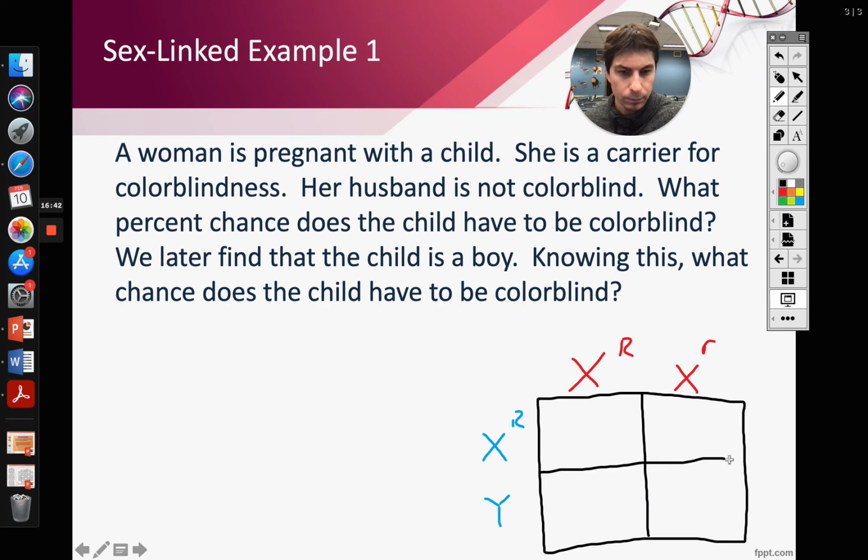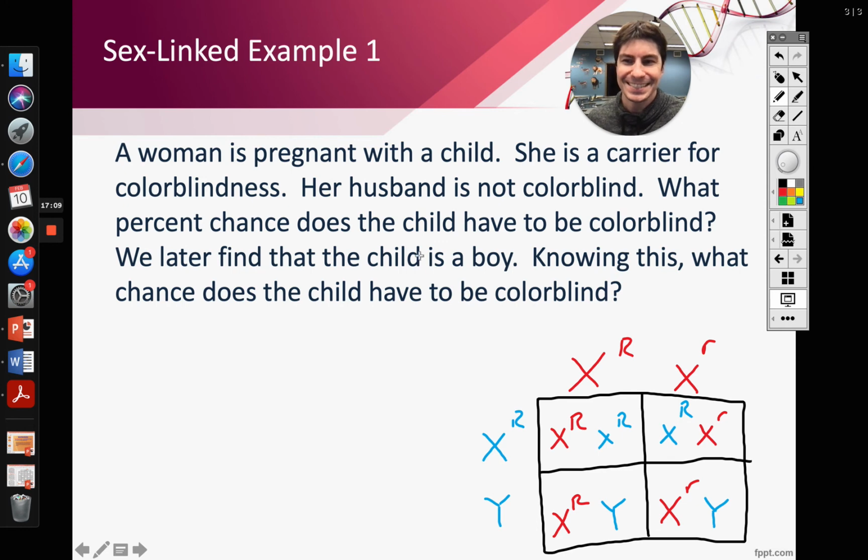Okay. Trying to keep everything color coded for you guys to make it easy. Okay. What percent chance does the child have to be colorblind?